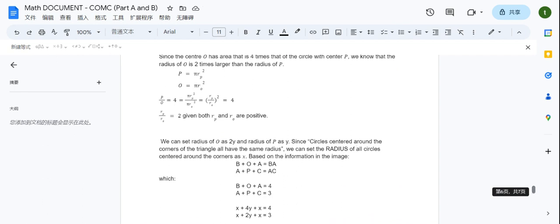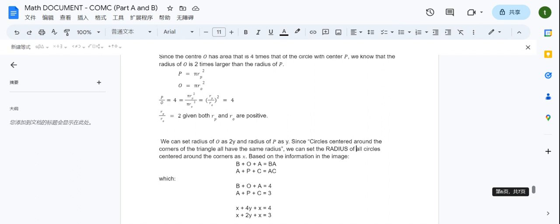Based on the image, the radius of circle B plus the diameter of circle O plus the radius of circle A is equal to BA. The radius of circle A plus the diameter of circle P plus the radius of circle C is equal to AC.